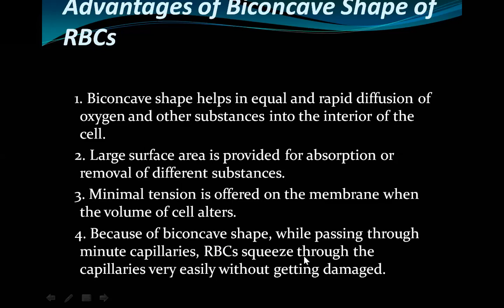Another advantage of this biconcave shape is that it helps especially when passing through small capillaries. The red blood cell will squeeze through, changing shape very easily without getting damaged.